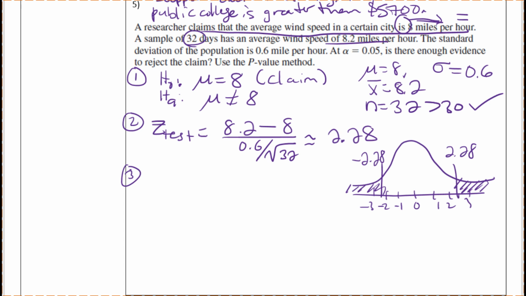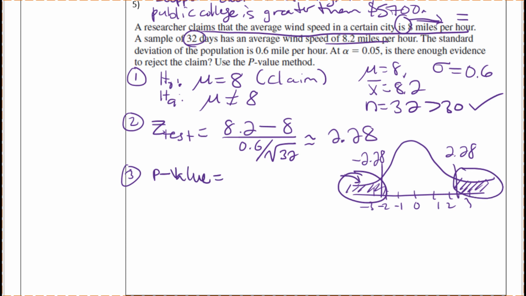Now this simply means that the p-value is split between both tails. So both of these represent our p-values. The p-value is a combination of both of these. So what we need to do is figure out what this area is, and then double it because this area is the same as that area.